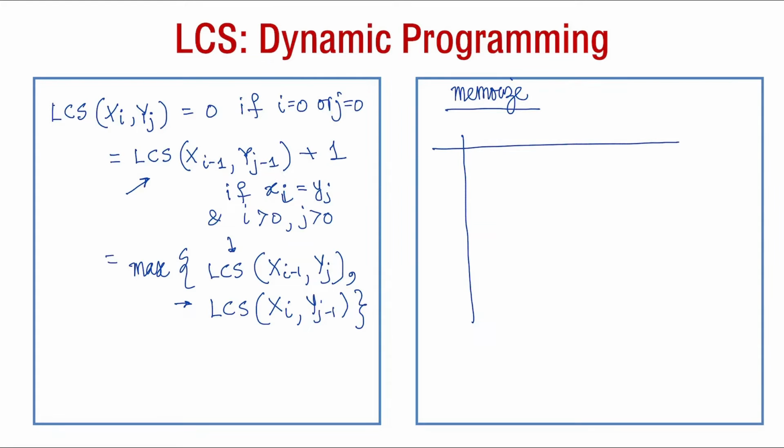Suppose x is hello and suppose y is yellow, then we all know what the maximum common subsequence is.